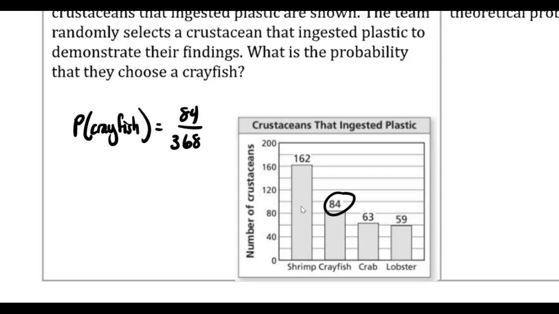And so 84 out of 368 simplifies to 21 out of 92, which is 0.228 or a 22.8% chance that they choose a crayfish when they grab out of the 368 animals that had ingested plastic.